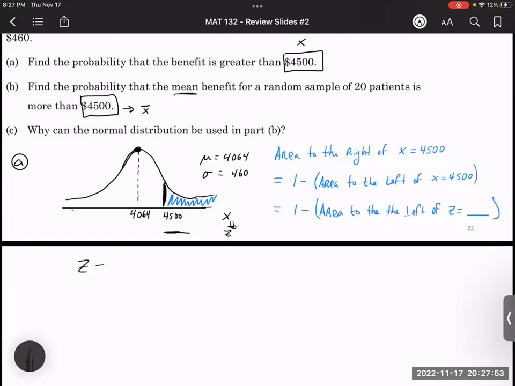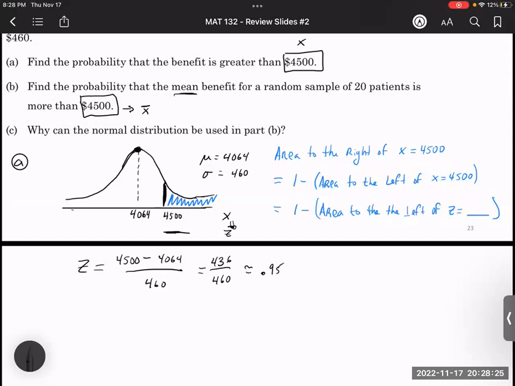So again, Z is equal to your data value, 4,500, minus the mean, 4,064, divided by the standard deviation, which is 460. So 4,500 minus 4,064 is equal to 436, and you divide that by 460. 436 divided by 460, rounded to 2 decimal places, is 0.95.